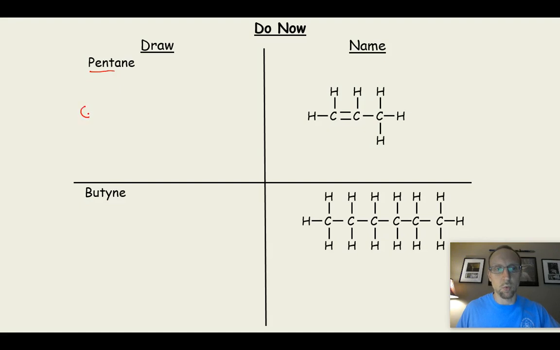So it's 1, 2, 3, 4, 5. And then ane tells me it's an alkane, so we use table Q there. So there's all single bonds between the carbons, so we don't have to add in any multiple bonds. And then the only other thing we have to do is go around and add in our hydrogens to make sure each carbon has 4 bonds.